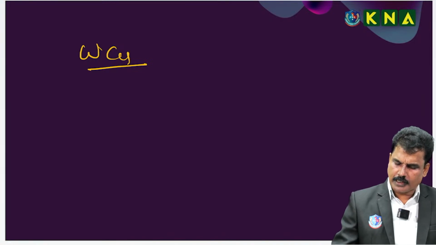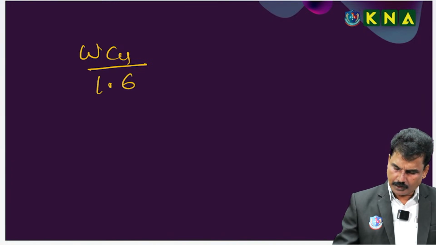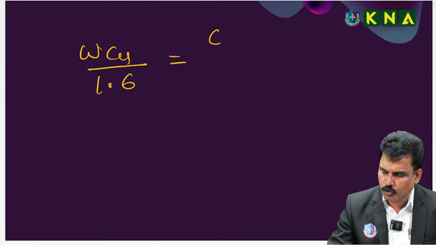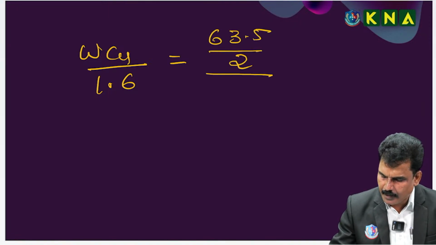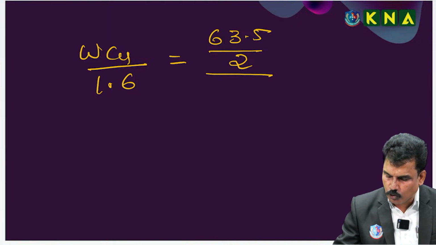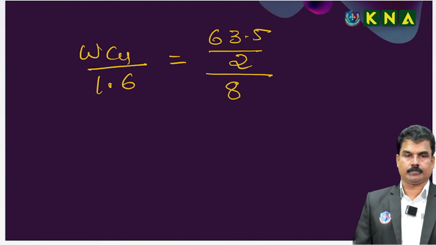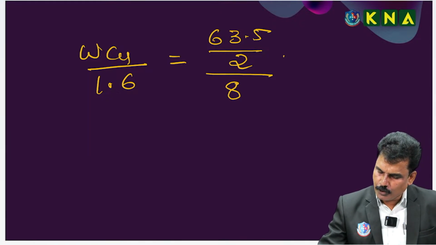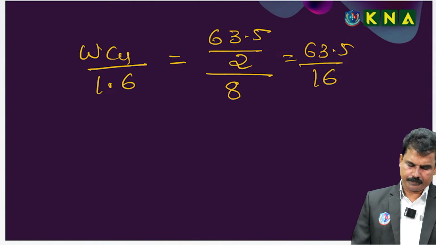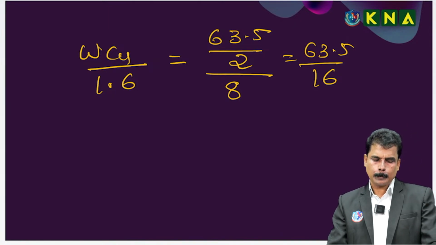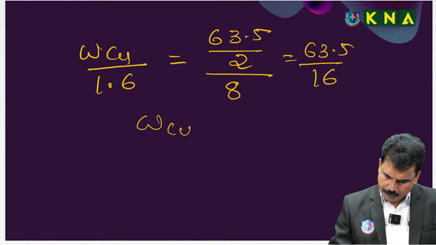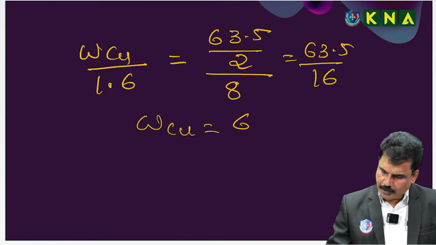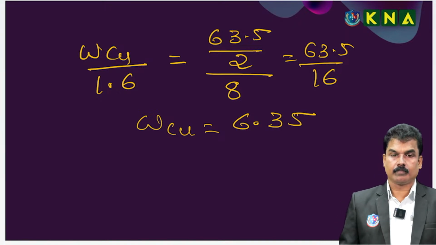What is the weight of oxygen? 1.6. This is equal to the equivalent weight of copper, atomic weight divided by valency, by the equivalent weight of oxygen, atomic weight by valency, 8. For copper, 63.5 divided by 2, and for oxygen, 16 divided by 2. So you get the weight of copper equal to 0.1 times 6.35 in the denominator.